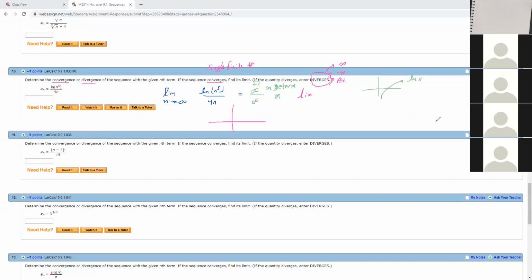Does that make sense? Is that for every question? For every question, if they ask you to determine the convergence or divergence of a sequence, then that's what it means. So every question like that, n is going to be approaching infinity.